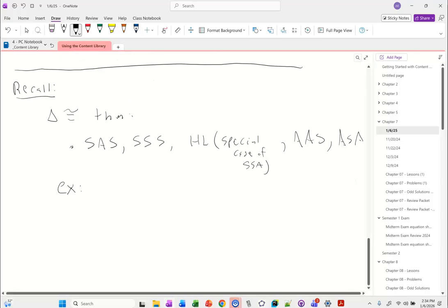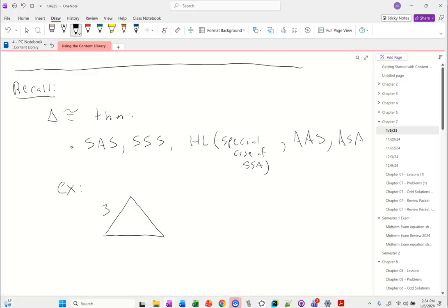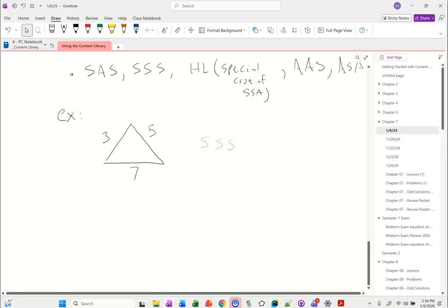Let's start with the easiest one. What type of triangle is this? Side, side, side, right? This is the easiest one. It's unmistakable, right? Any questions on that?